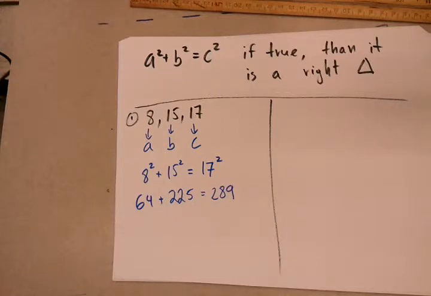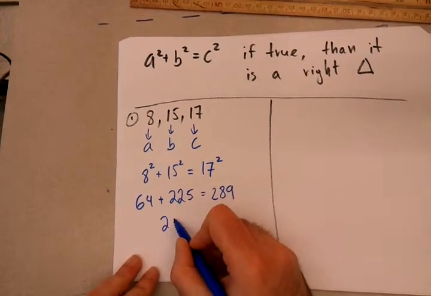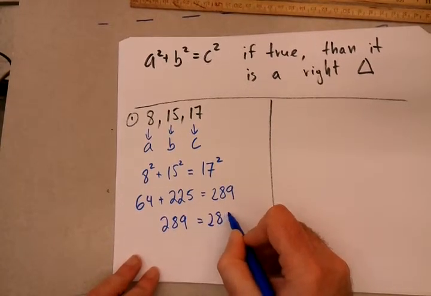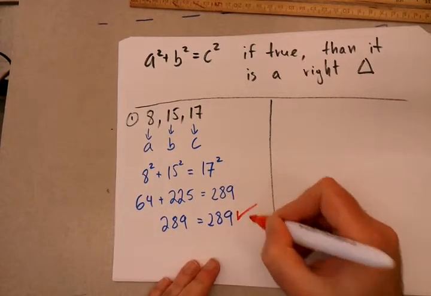So are these the same? Well, you'll have to add 64 plus 225, but if you do, you will find out that indeed 64 plus 225 is 289, which is indeed equal to 289. So it works out. These three sides fit into the Pythagorean theorem. They check out.